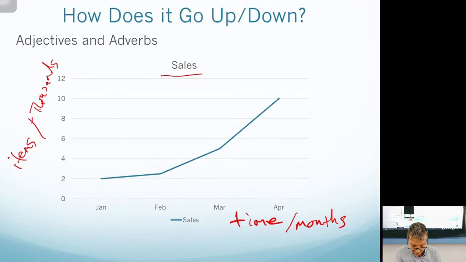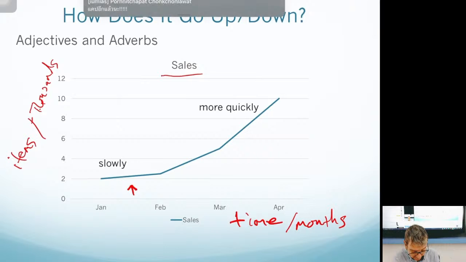So for the first line, from January to February, so this line, we can see that it is going up slowly. And then from February to March it goes up a bit more quickly. And then from March to April, we can see that it goes up more quickly still.